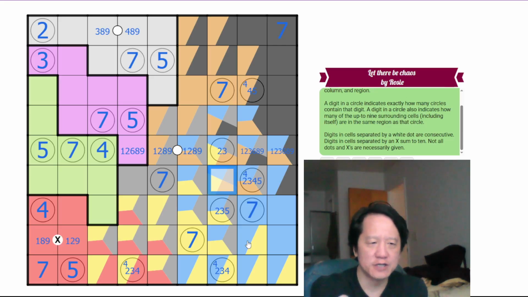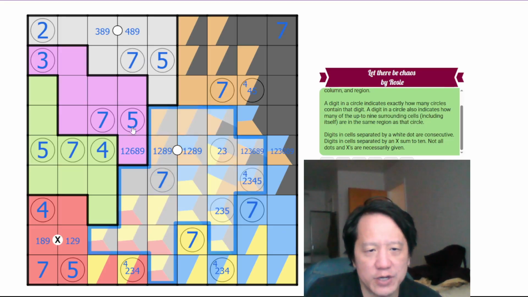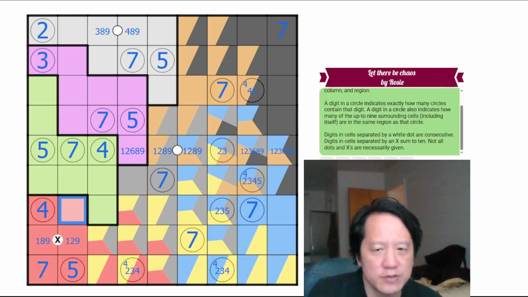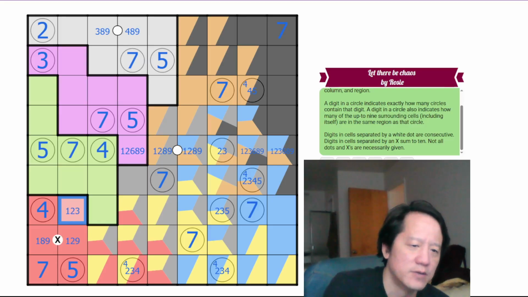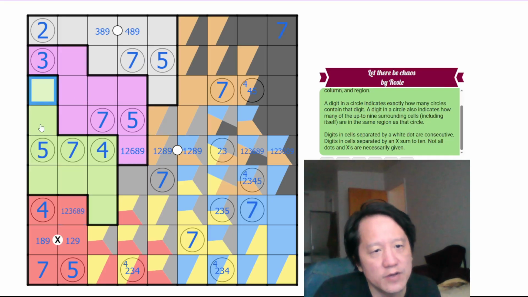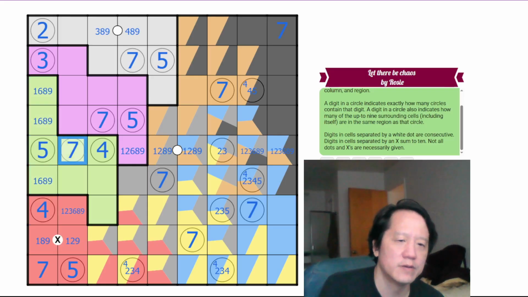Yeah, this portion is actually kind of difficult. Figuring out the numbers in the circles was actually pretty easy, and that did give us a lot of information, but we don't have that many. 1, 2, 3, 6, 8, 9 here. Remaining digits of column 1, we have 1, 6, 8, 9. Okay.